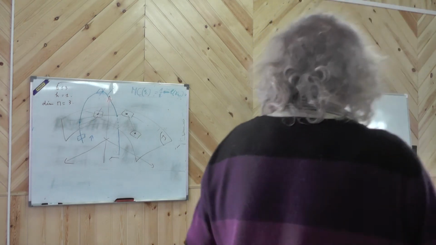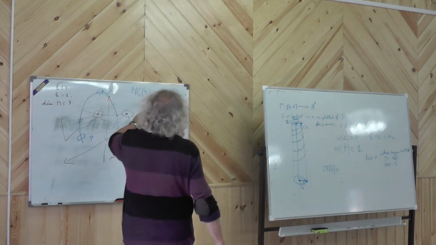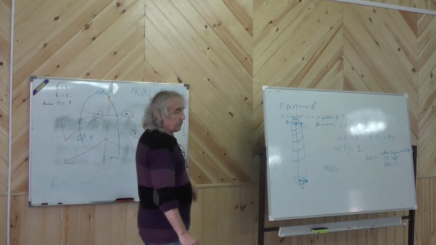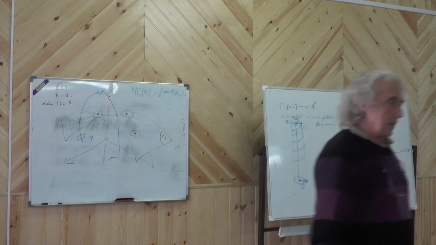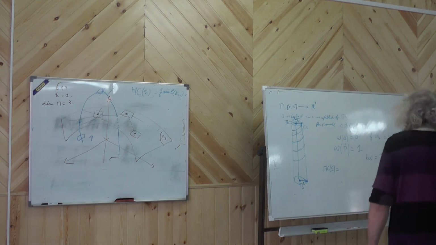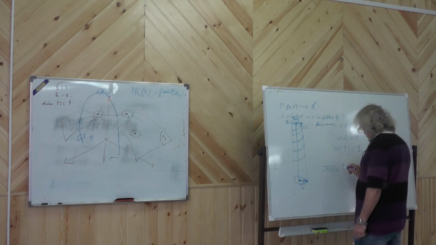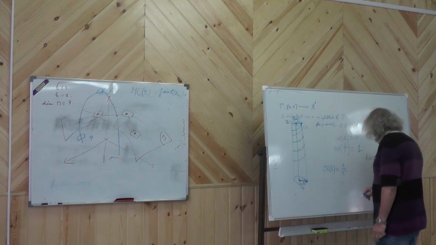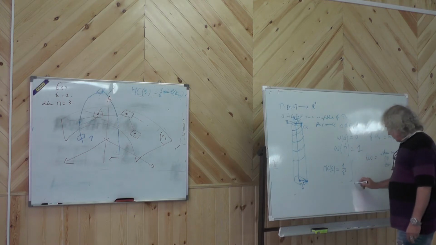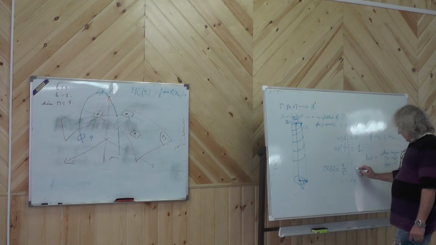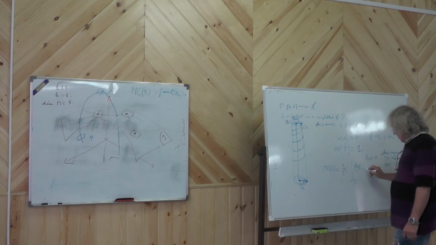Then usually you do not take the length, but you take 1 over epsilon. And metric complexity is then 1 over epsilon square, sum over gamma of this dw over alpha w.